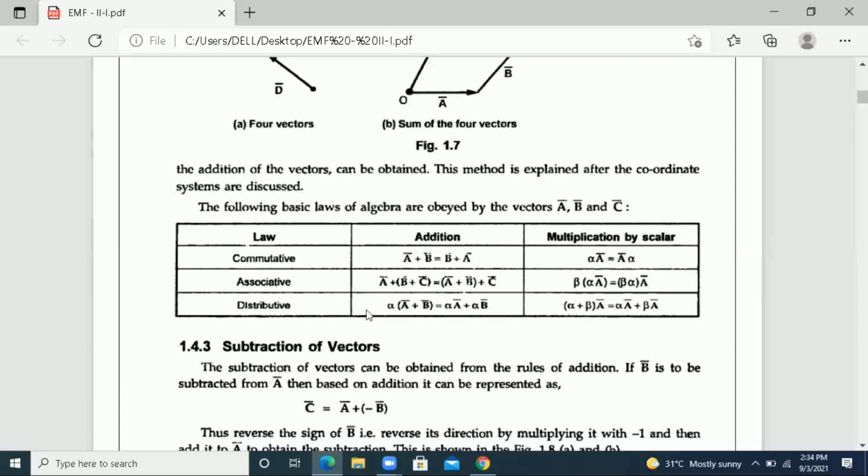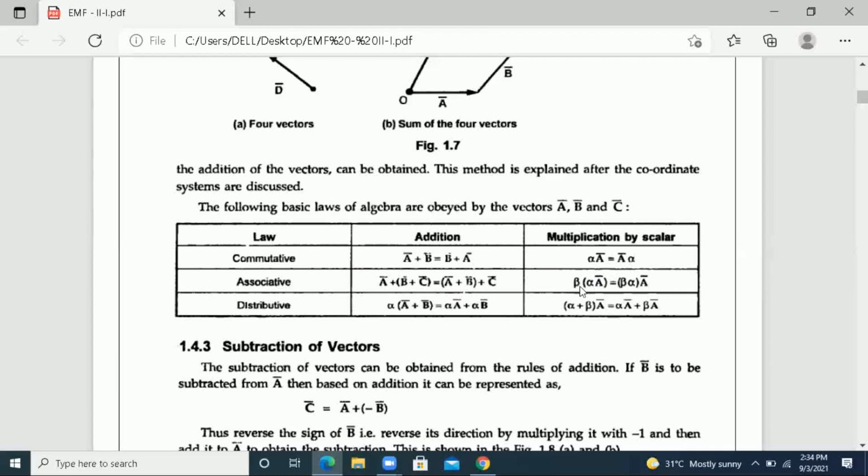The distributive law: alpha times vector A plus vector B is alpha times vector A plus alpha times vector B. For multiplication by a scalar, alpha times vector A is the same thing as vector A times alpha.